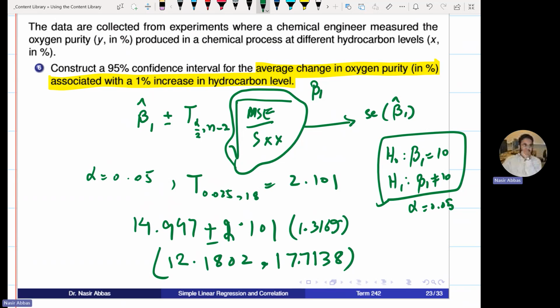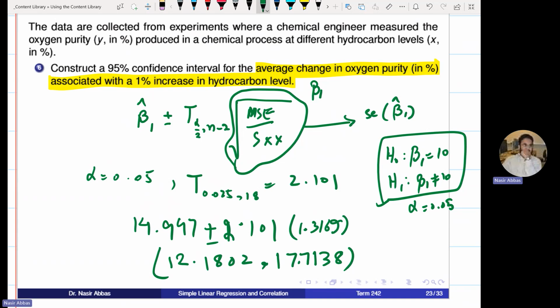What are the three approaches of testing hypothesis? Critical value approach, p-value approach, confidence interval approach. Which one will you apply here? Confidence interval approach.